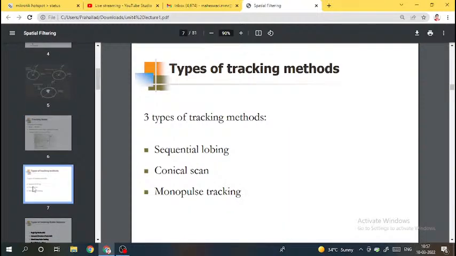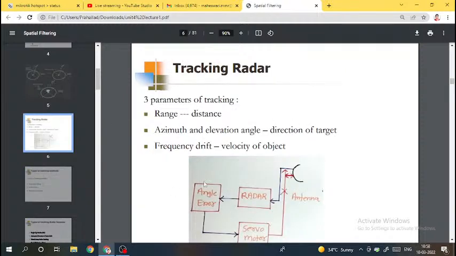Next. I have told you that you have to find the error, right? To find that error, you can use three types of tracking methods: sequential lobing, conical scan, and monopulse tracking. These are the methods used for estimating this angle error.